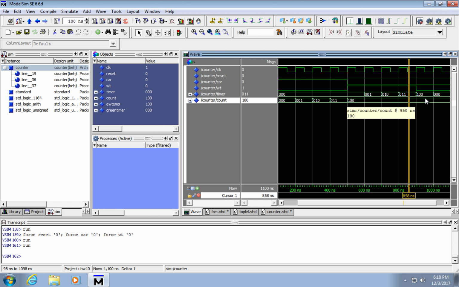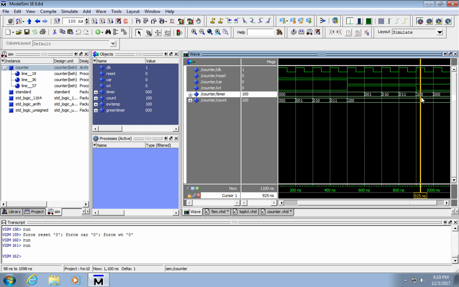And then here I set WT to be 0 now, and because it's at this rising clock edge here, it's still a 1 at this point. At the next clock cycle, the timer will reset itself, but the counter will still remain the same.